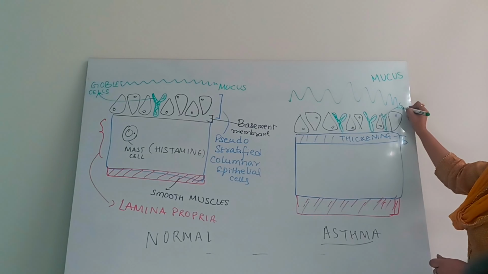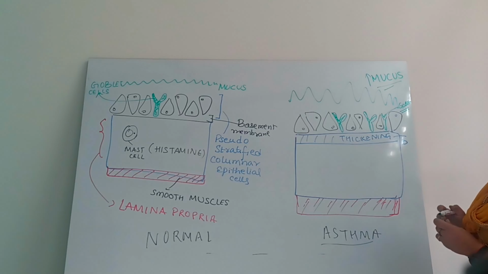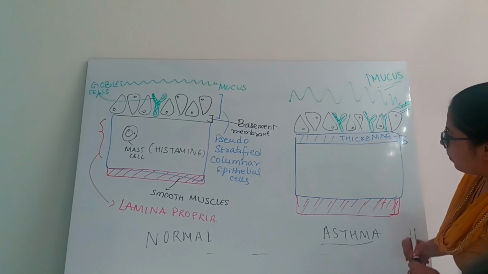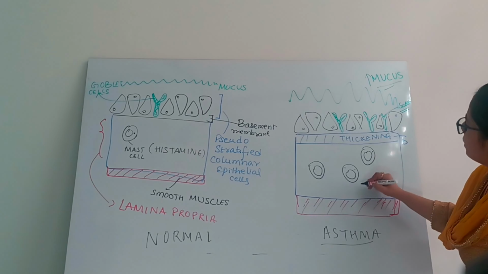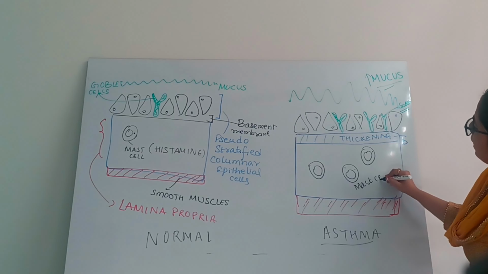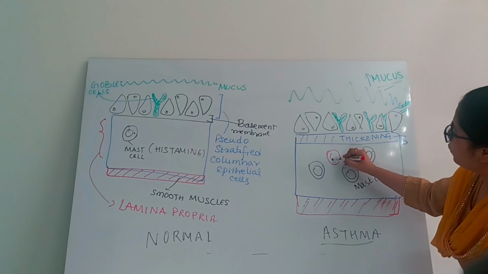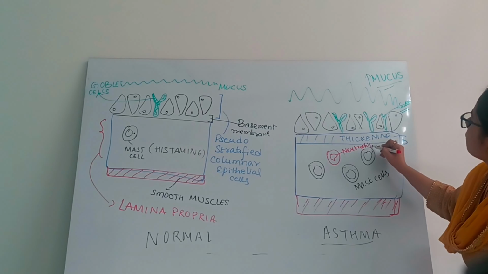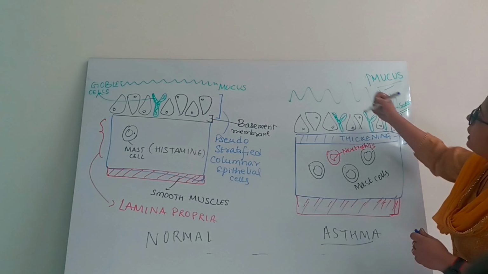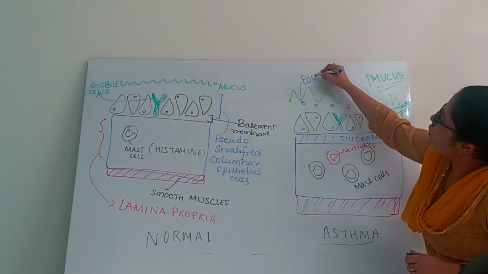These are the goblet cells, which go up in number and are responsible for increasing the mucus. Inside the lamina propria, the mast cell numbers start to increase. These are the mast cells. And then there is increased secretion of neutrophils. We also start to see here the entry of eosinophils.